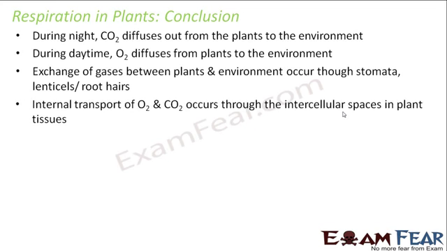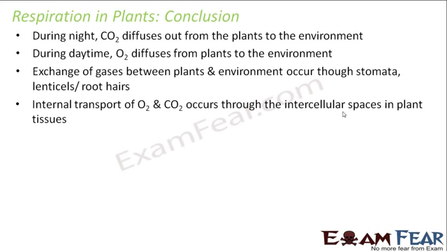Internal transport of oxygen and carbon dioxide occurs through the intercellular spaces in plant tissues, because till now we were only talking about how the exchange of gases will take place between plants and the environment. So we were basically talking about the exchange of gases either between the stomata and the environment, or between the lenticels and the environment, or the root hairs and the environment.